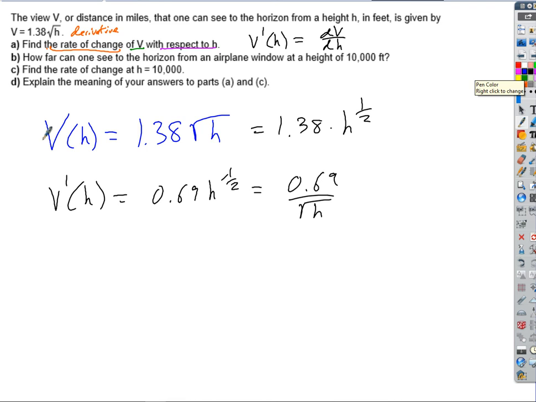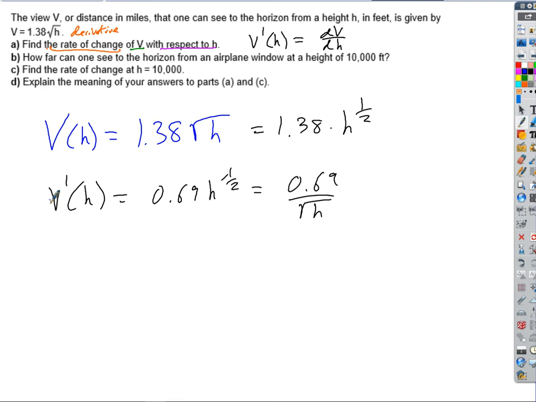So what does this one stand for again? What is that telling us? That's giving us view as a function of height. This is giving us rate of change of view as a function of height.